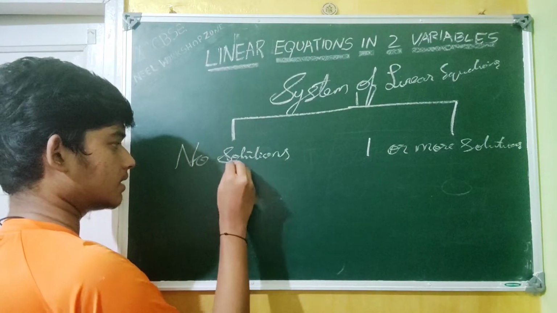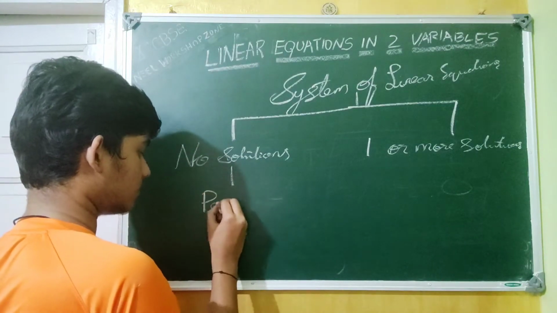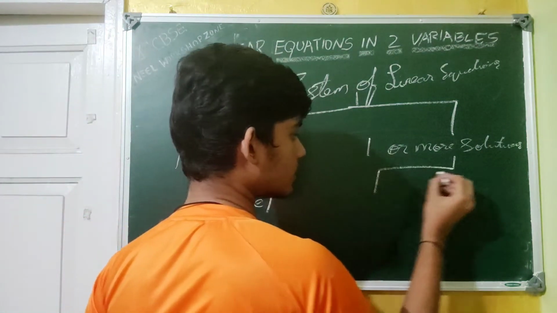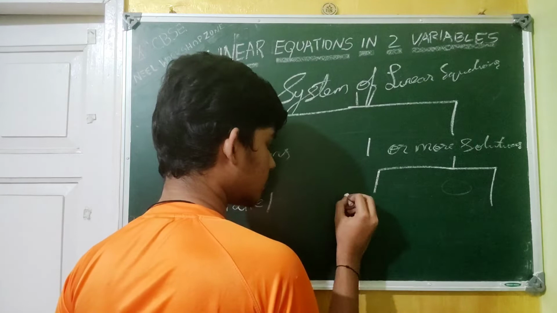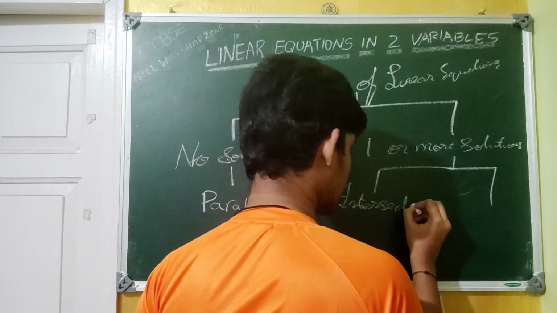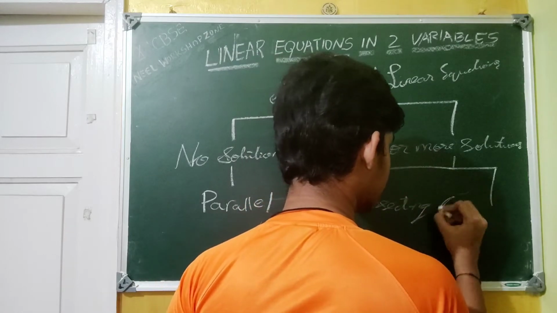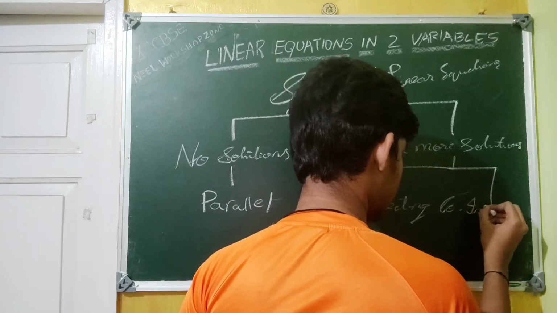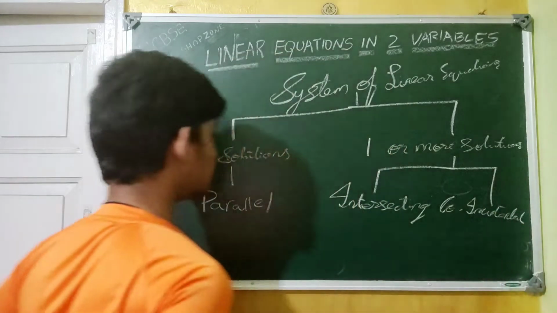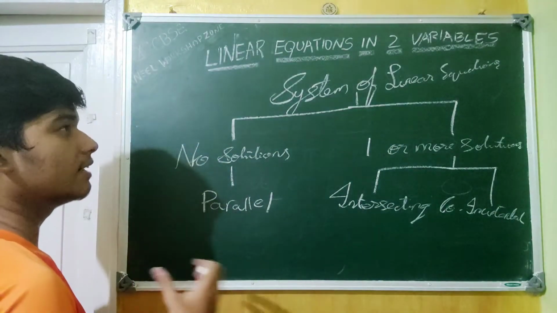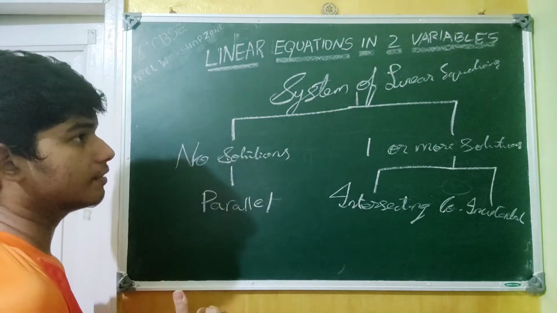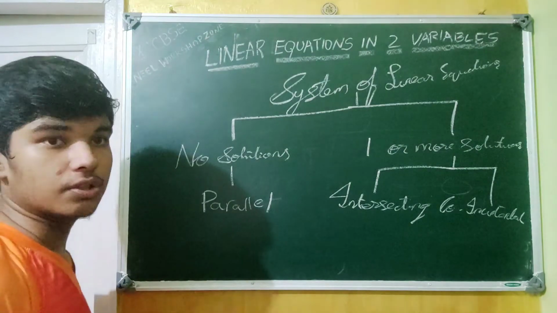No solutions is basically parallel, and the one or more solutions are divided into two parts, which are intersecting and coincidental. So parallel linear equations are the equations where both of the linear equations in two variables have no solutions.